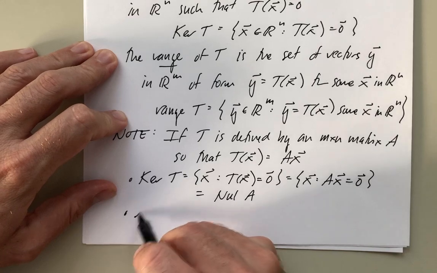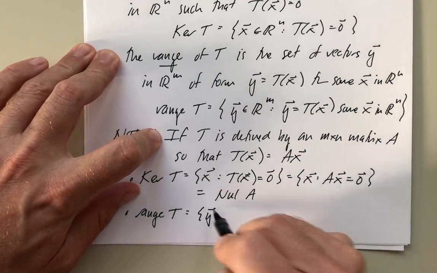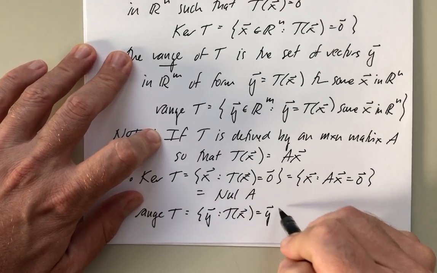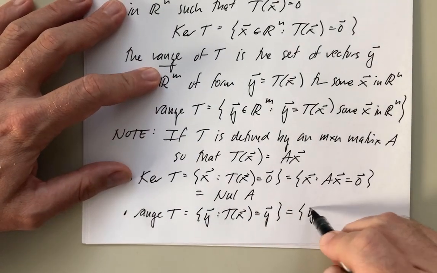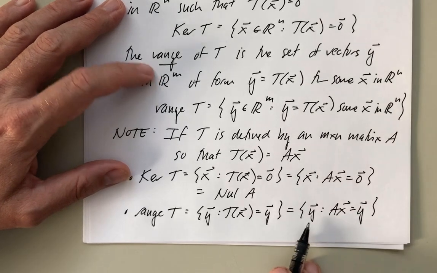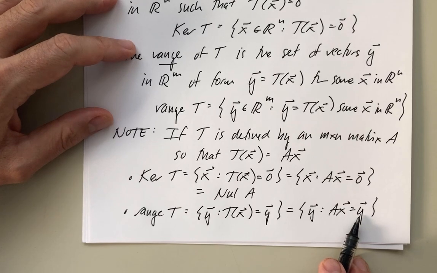On the other hand, the range of T, by definition, is the set of y such that T of x equals y for some x. If we're in the world of matrix multiplication, this is the set of y such that Ax equals y. In other words, the set of right-hand sides where Ax equals that thing is consistent.